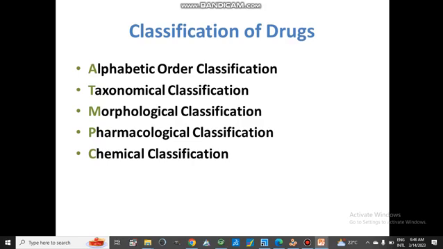So there are different encyclopedias or books in which these drugs are classified according to different patterns.